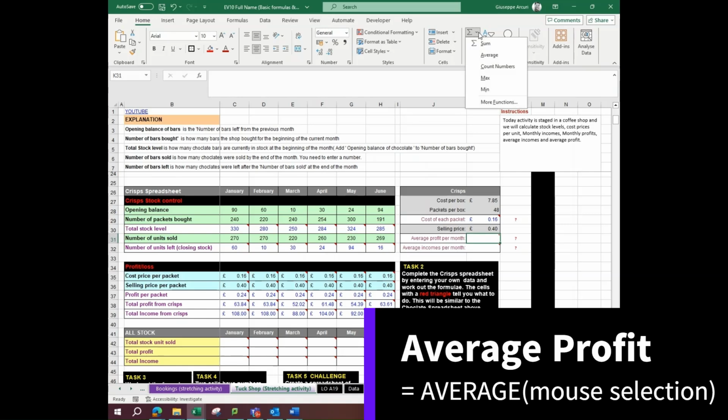On the right we calculate again the average profit and the average incomes using the AutoSum shortcut.